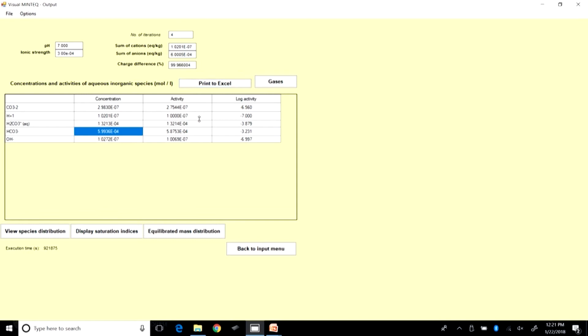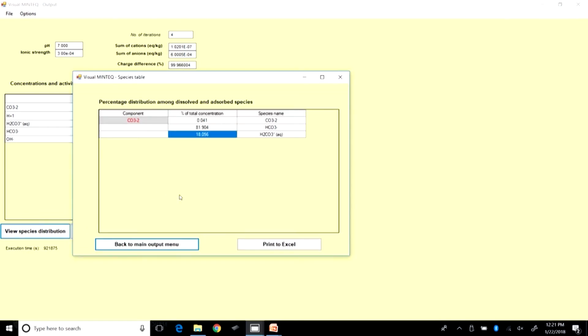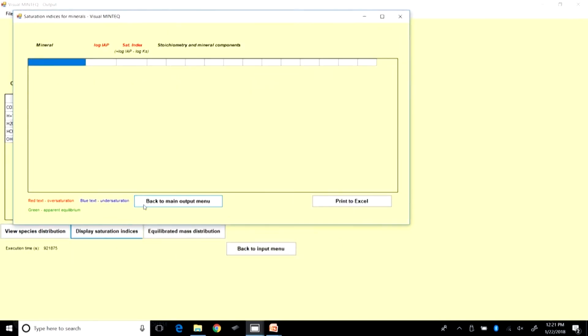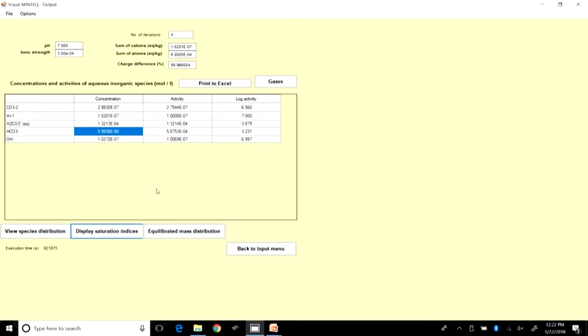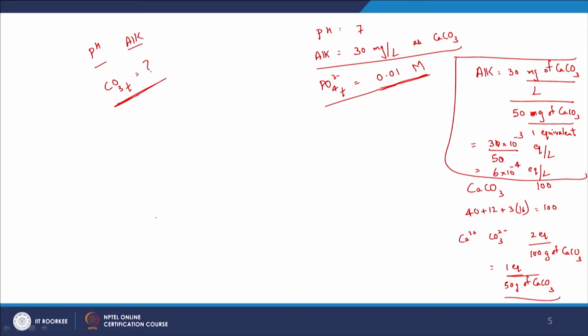Then display saturation indices, which is for looking at saturation, precipitation and dissolution, which we do not go into right now. So from this set of values I can calculate the CO3 total: CO3 2 minus, H2CO3 and HCO3 minus, the sum of them gives my CO3 total. I inputted pH at 7, alkalinity at 0.6 equivalents per liter, and I can calculate my CO3 total.